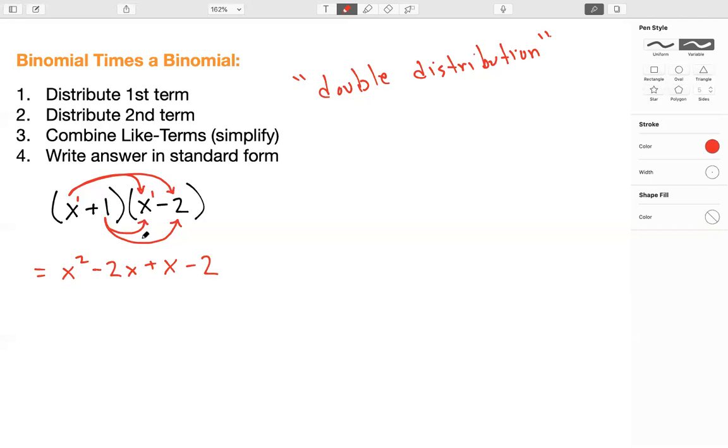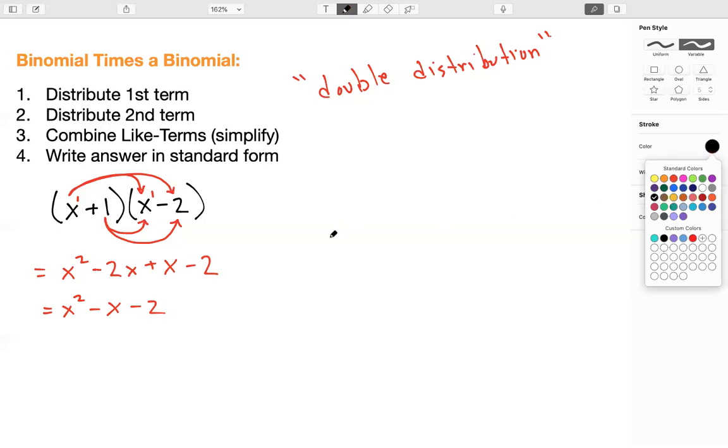Now we have these two middle terms we're going to have to combine because they are like terms. X squared, -2x plus x, so that's a -2 plus 1 is a -1x, or just -x, and then a -2. And we're done. Let's try another one.